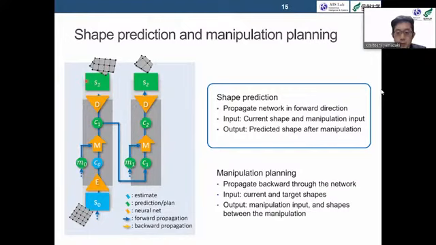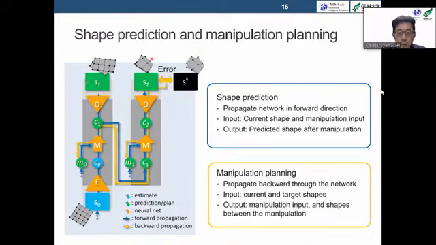Next, we discuss manipulation planning. Manipulation planning is performed by propagating the error here between the predicted shape and the goal shape S star backward through the network using the error backpropagation method.